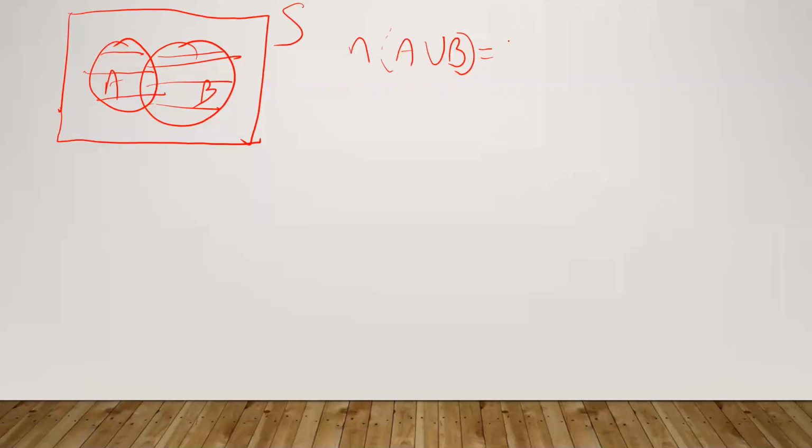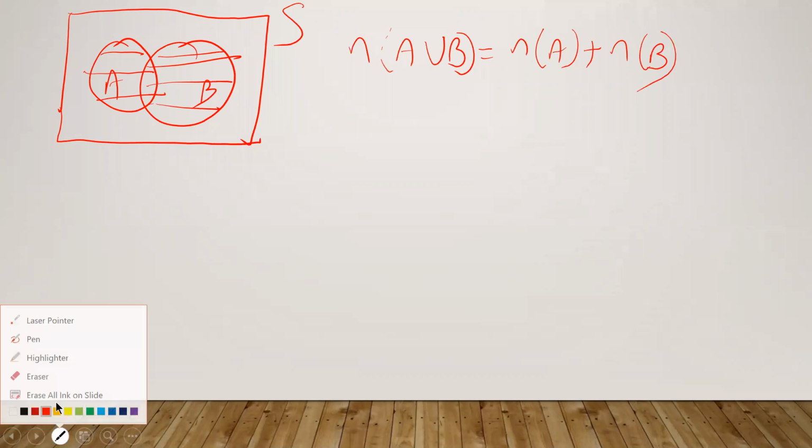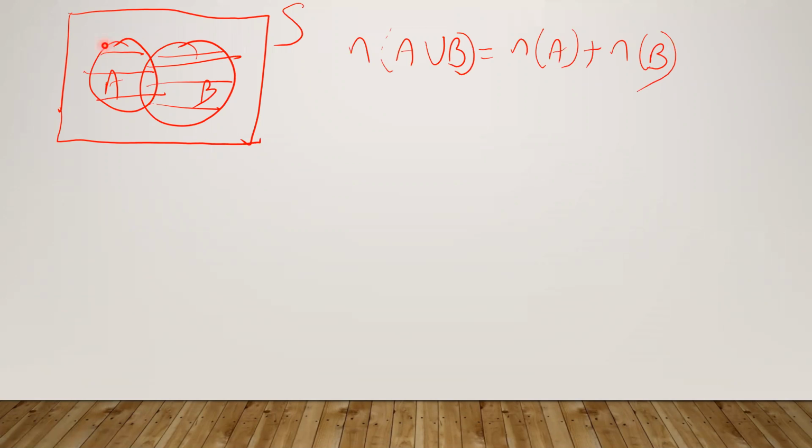First, I count the number of members in A. Then I will add the number of members in B. If I add the number of members in A and then add the number of members in B, you see that this portion which is in both A as well as B is counted 2 times.